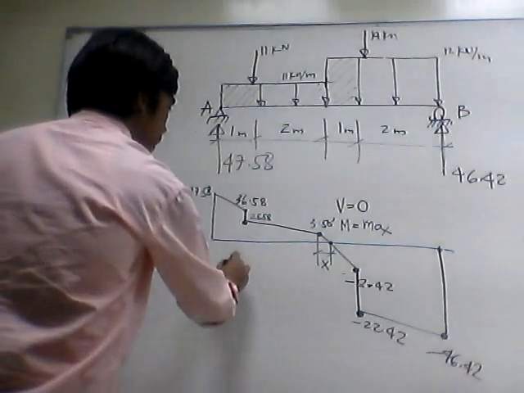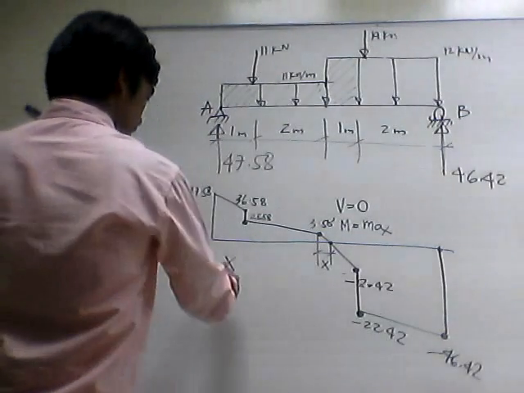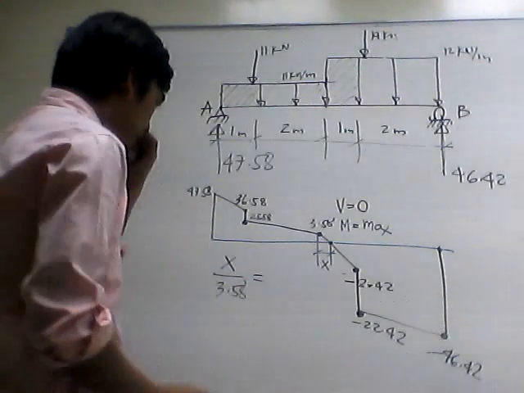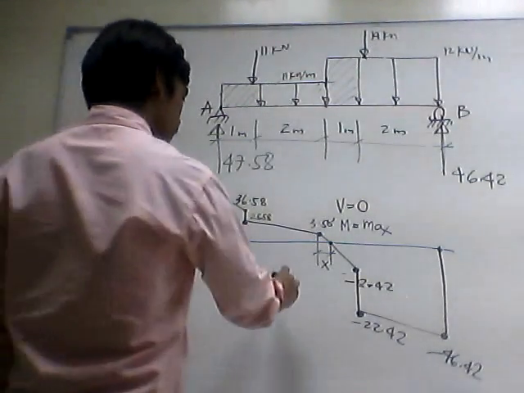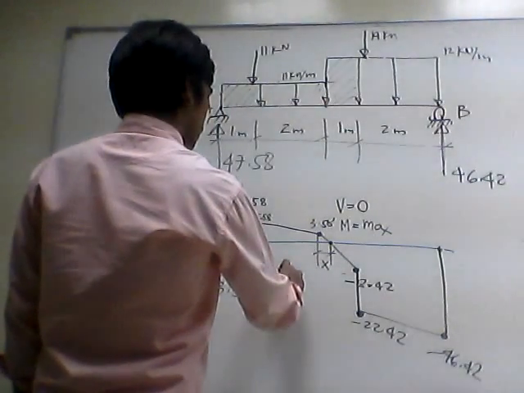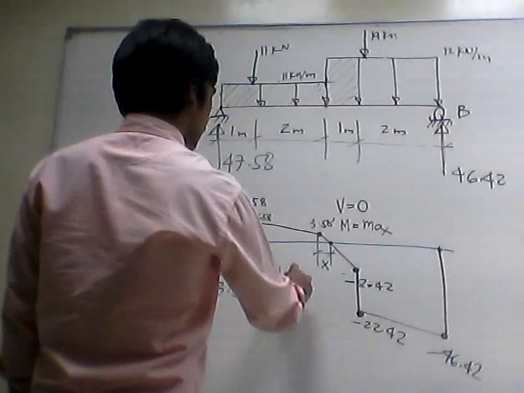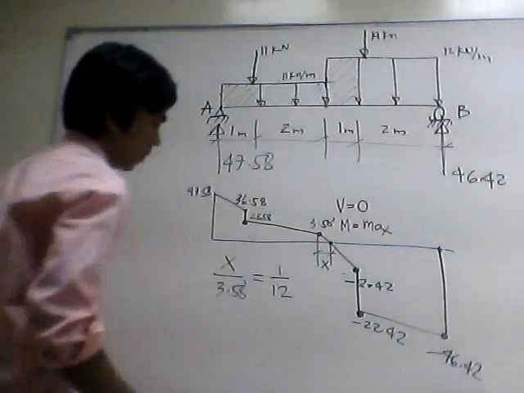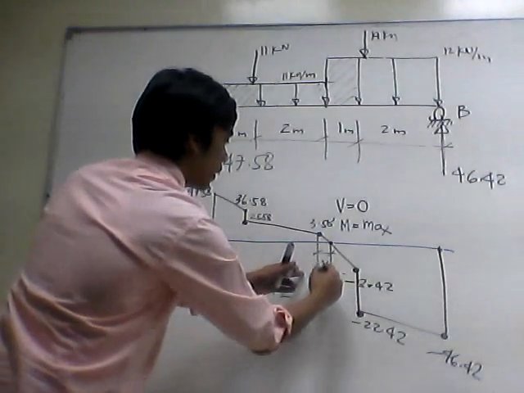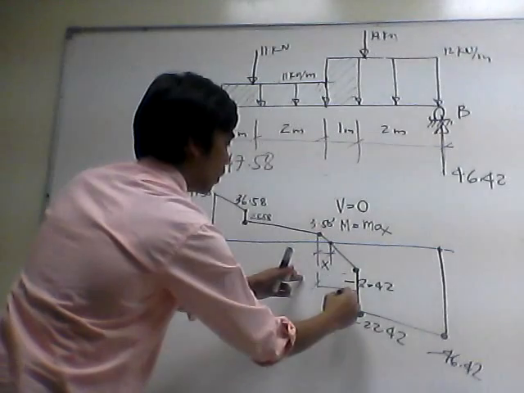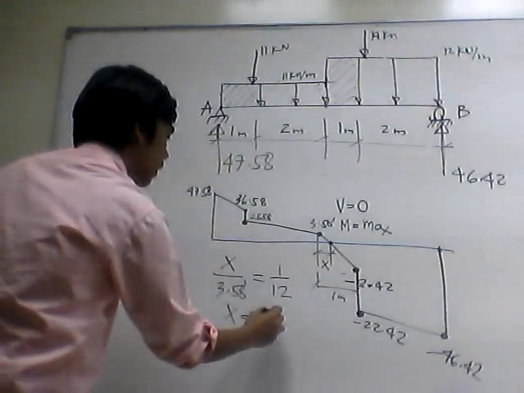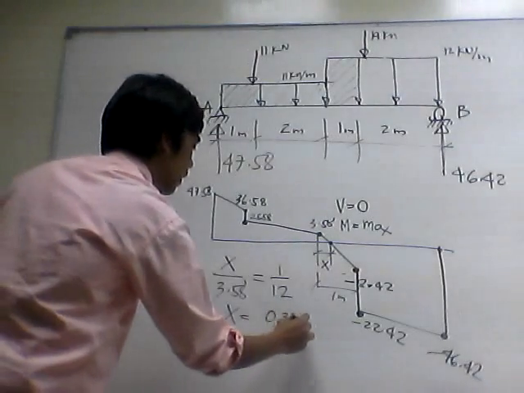So let's say we have X is to 3.58 is equal to 1 is to 12. Okay, so this is 1 meter, 1 and 12, that will give you X equals 0.30 meter.